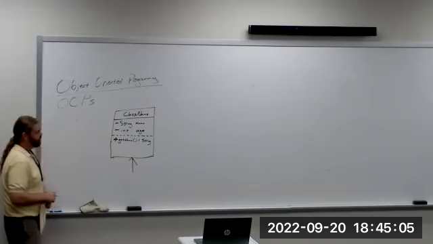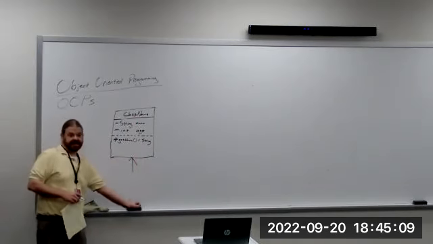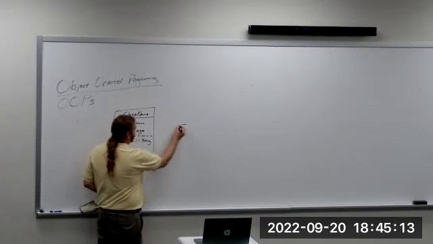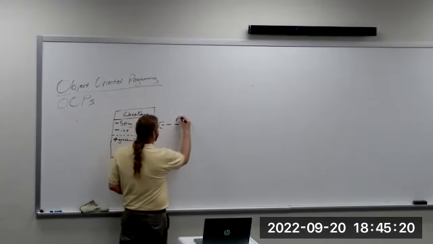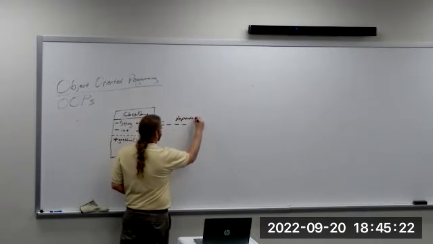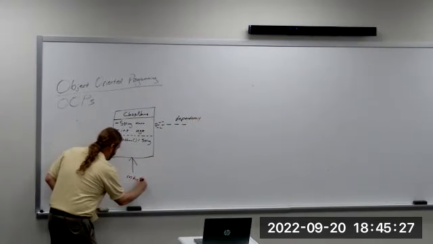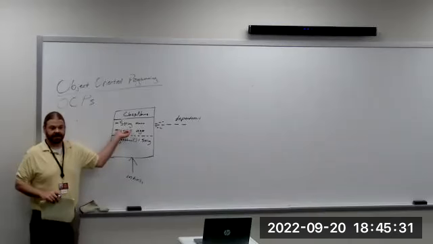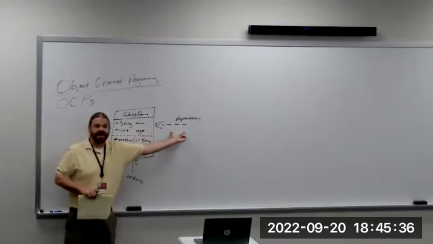We have inheritance, so other things can inherit all that and extend it further. Dependency. So if our object depends on another object, or our class depends on another class, we need to mark that in our diagram.